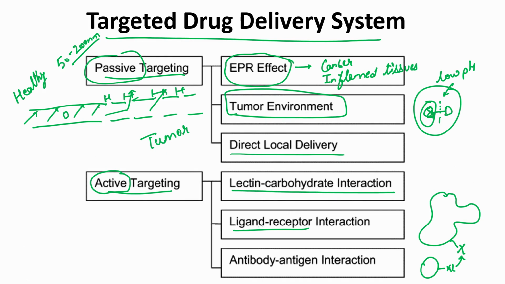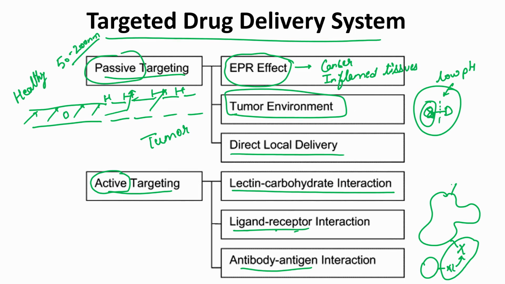So, it could be on the basis of ligand and receptor. In this particular example, it could also be that a certain lectin or a carbohydrate is present in the tumor and you conjugate your particle with the carbohydrate or the lectin to be able to target it to that tumor cell, or it could be any other cell, it does not have to be tumor, it could be other disease as well. And then finally, it could be an antibody antigen interaction. This is very similar to the ligand receptor, but more specific in terms of its function and role.